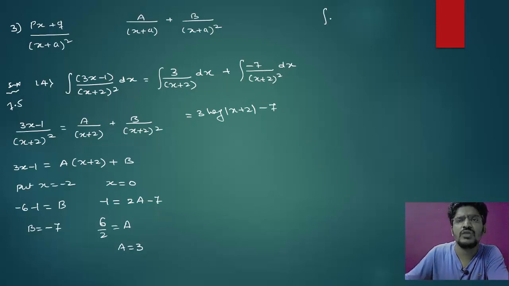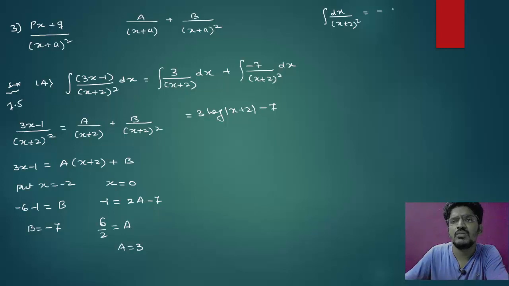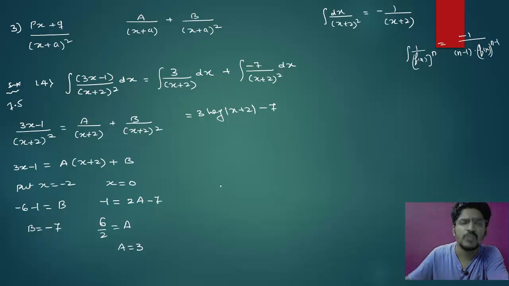Now you have to solve the integration of dx divided by (x + 2) whole square. That will be −1 by (x + 2), because you may have seen that the integration of 1 by [f(x)]ⁿ is equal to −1 divided by (n − 1) into [f(x)]ⁿ⁻¹.